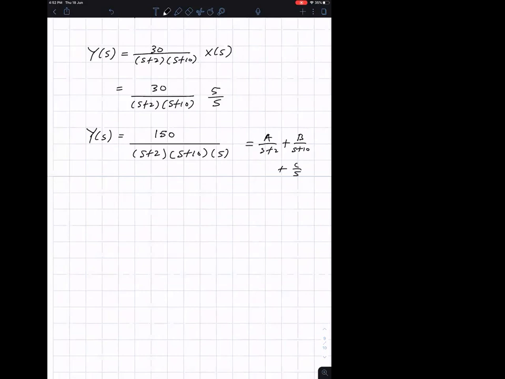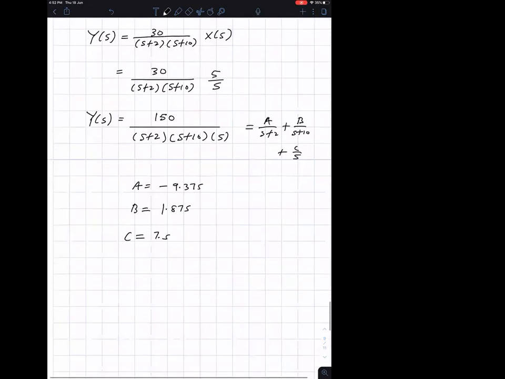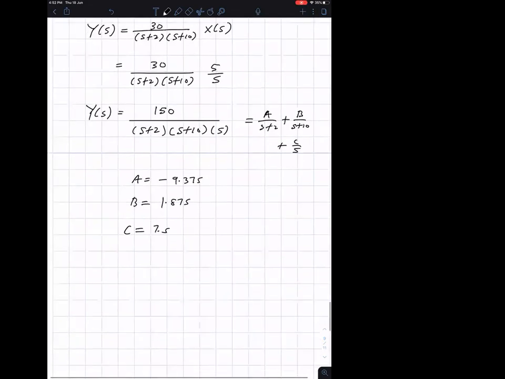By elimination, you guys go ahead and try this. What I got for A is minus 9.375, B is 1.875, C is 7.5, and then Y(s).